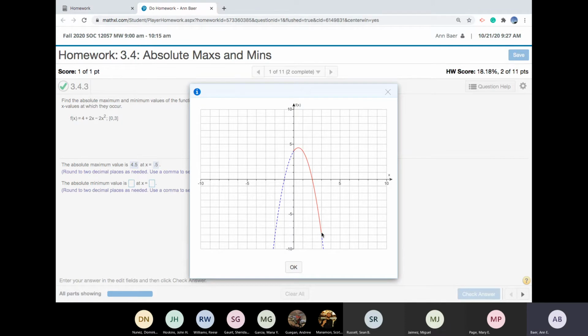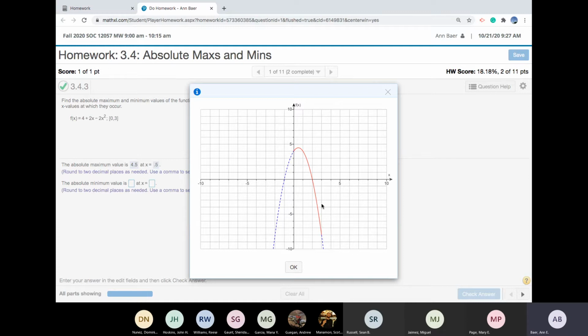Remember, the red part of the graph is what we're looking at, because that corresponds to the interval 0 to 3. So we are now looking at this point right down here. But that's easy for us to figure out. It's not as complicated as the first part.